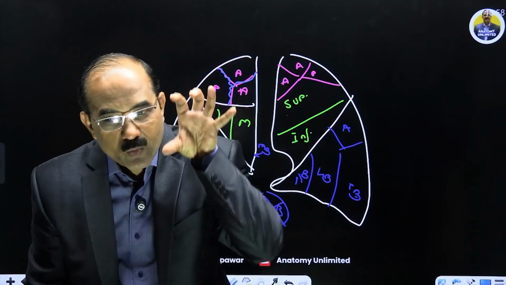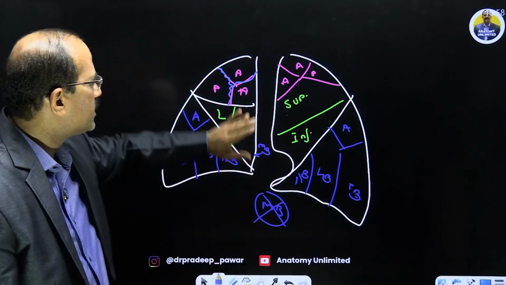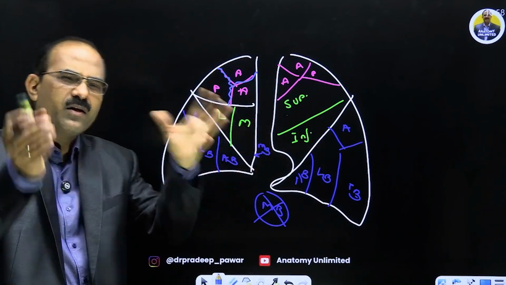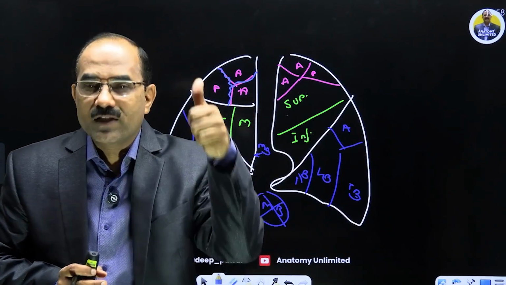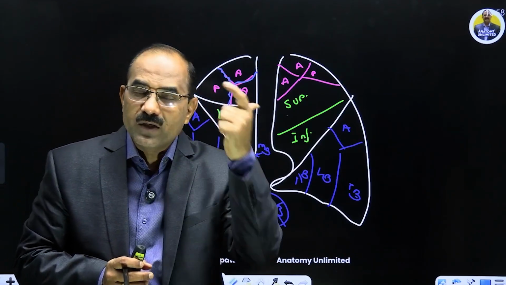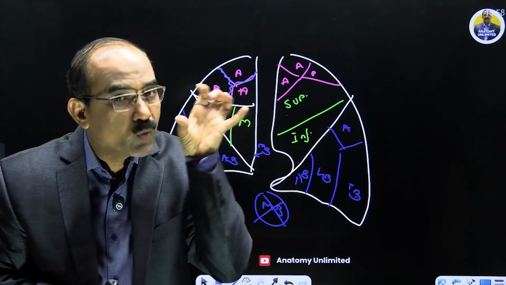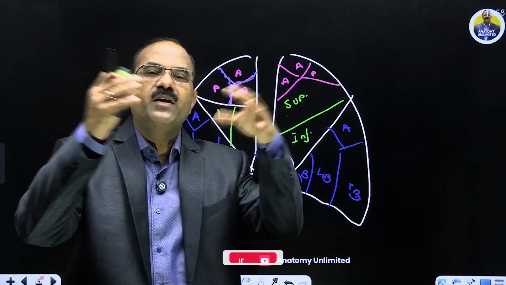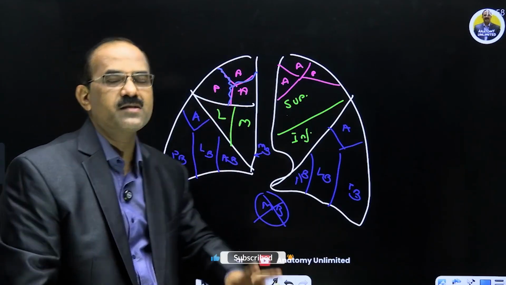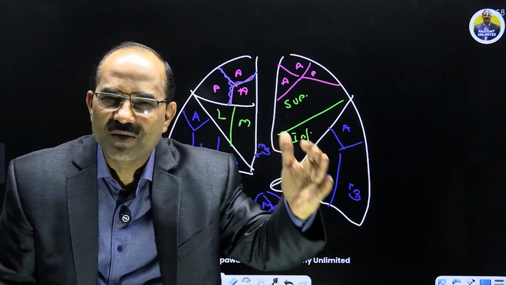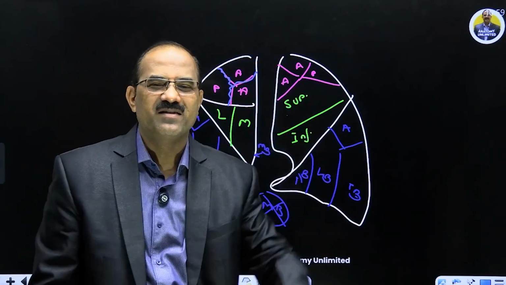They don't belong to one particular segment and can drain more than one segment. So each bronchopulmonary segment has its own artery and its own tertiary bronchus, but doesn't have its own vein. One pulmonary vein can drain many segments and lies between the segments. These pulmonary veins are said to be intersegmental.